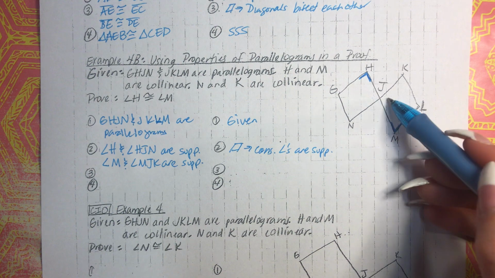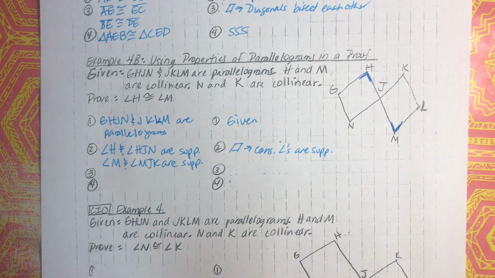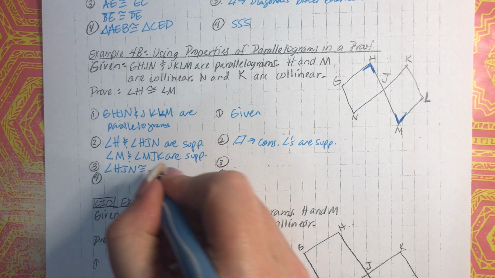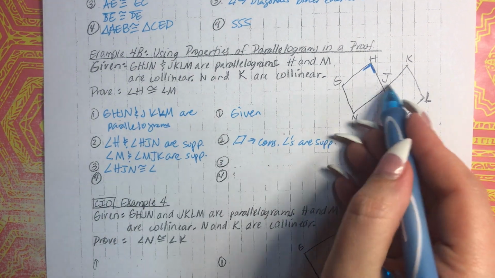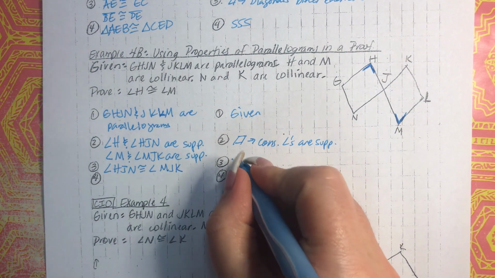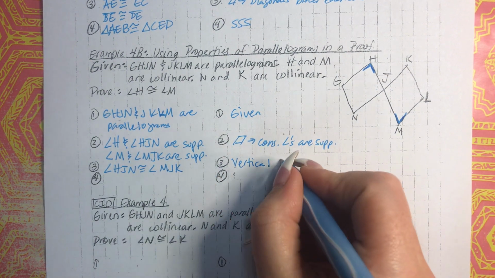And then what do we know? We know that these two are congruent, right? By the, see, all this stuff comes back. These two are congruent because of the vertical angles theorem.